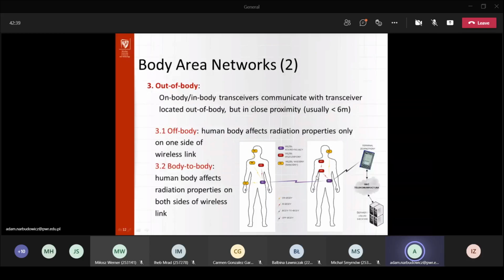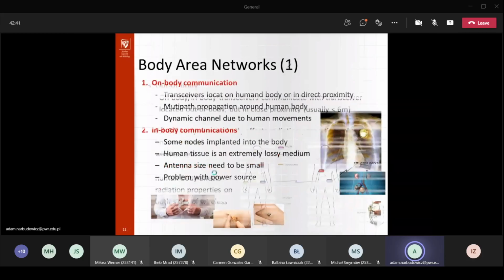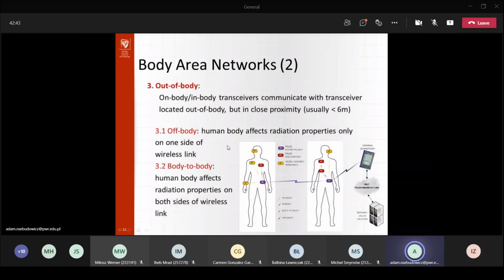The difference is that in the case of body-to-body communication, both sides of the link, both transmitter and receiver, may be affected by all the consequences of the body area. Whereas in the case of off-body, it's a bit of an easier case, simply because only one side of the link is affected.